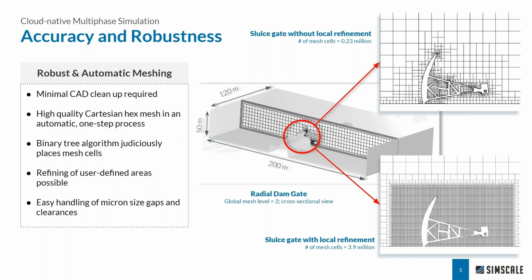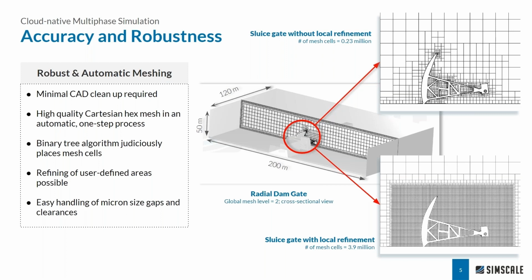Because at the back end, it uses a proprietary binary tree-based meshing technology that facilitates fast generation of Cartesian hex meshes which automatically adapts to the geometry surface and feature edges as it comes closer to the boundaries, and distributes the mesh cells in a very judicious manner without increasing the mesh size significantly. And additionally, users have controls like being able to add region refinement or switching to a more manual, more advanced mode should you need more granular control over the mesh.